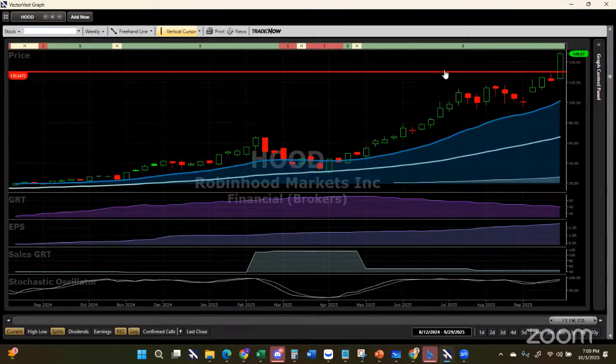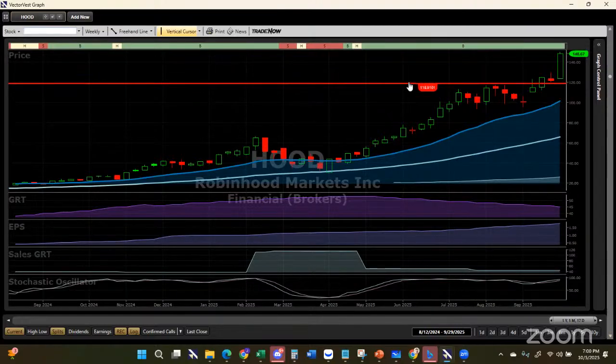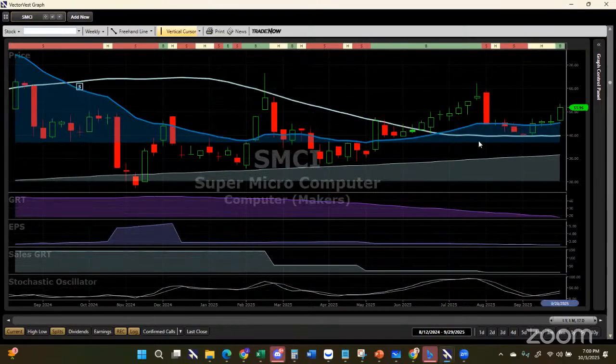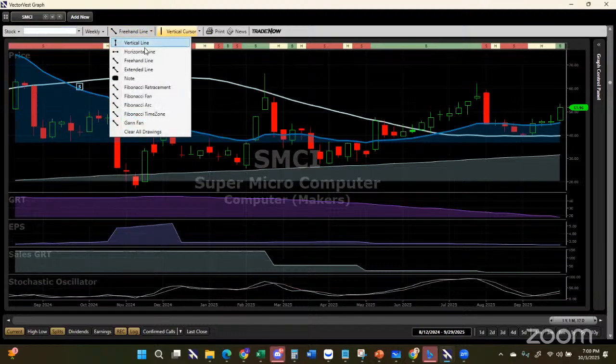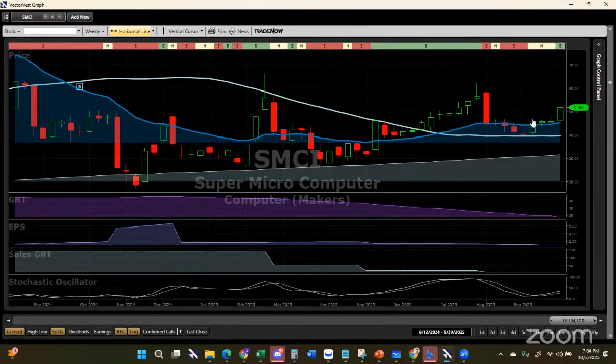It's going to the sky. Even look at this, it had a weekly breakout right here, September 15. But it came down to retest, and then a big move. SMCI. I don't trade this, but yeah, weekly breakout.